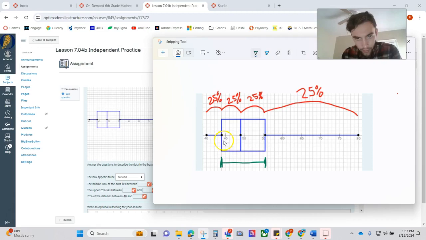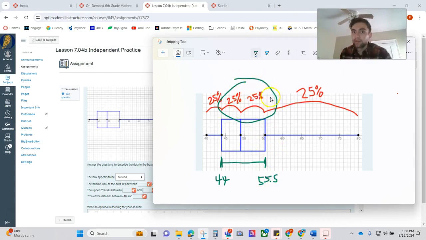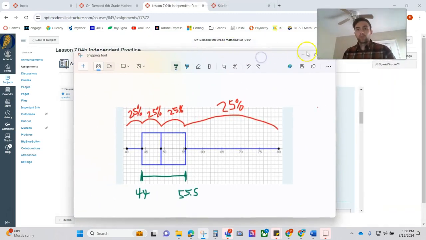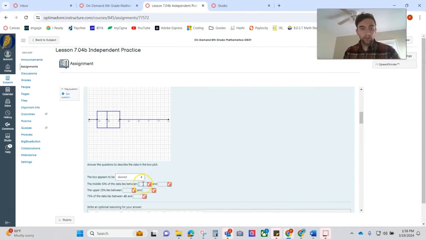So it looks like this is not 45, but 44. And looks like here, it's not 55, it's also not 56, but in between those, 55.5. This is our middle 50%. 25 and 25 is 50. So 44 and 55.5.